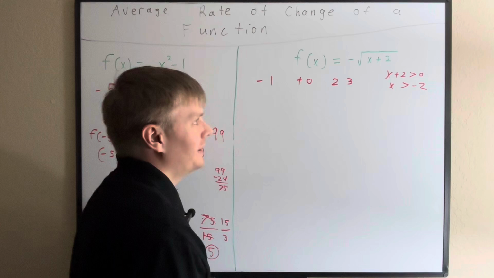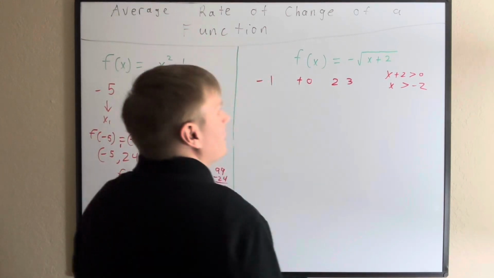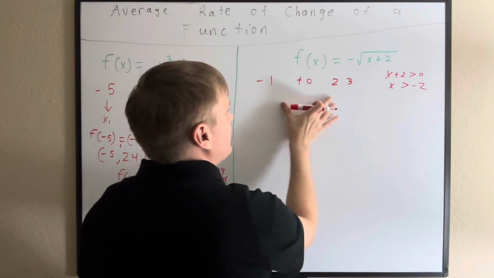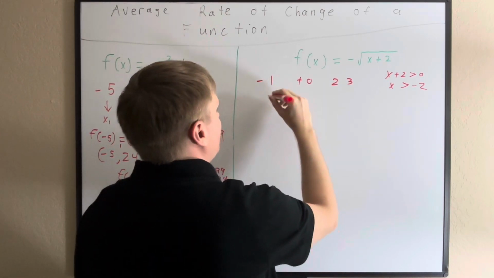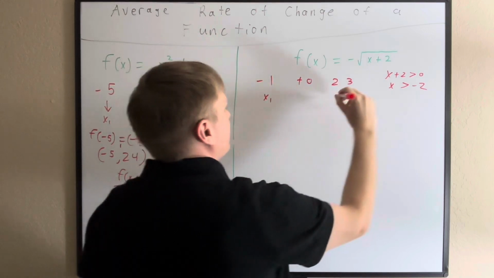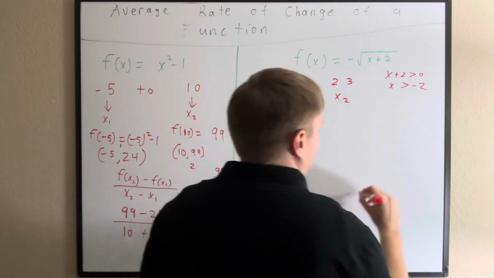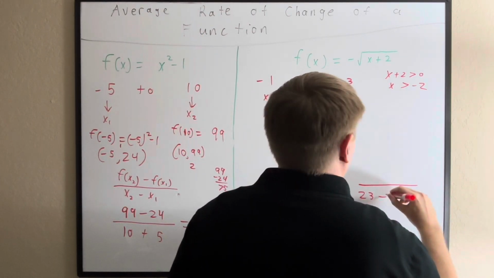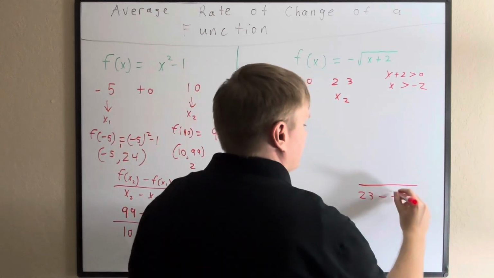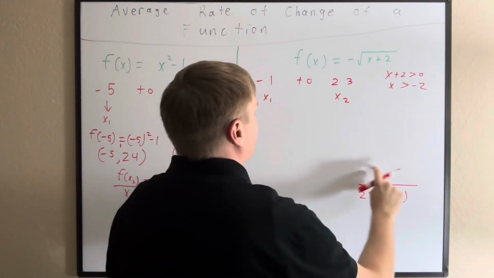There'll be a reason I chose that number. So this is our x1, this is our x2. We already have the bottom part, 23 minus -1. We just need our change in output on the top.